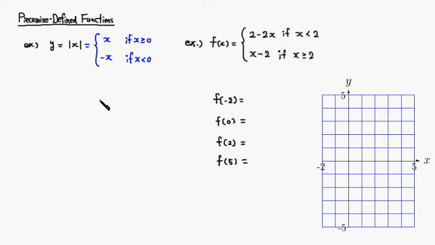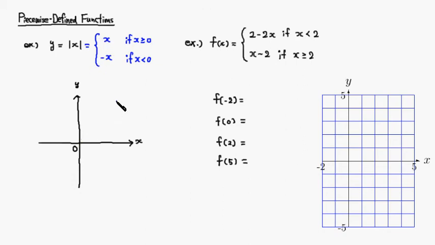Let's sketch the graph of this function. I'm going to draw an x-axis here, and a y-axis here. You just need to do it piece by piece. Let's look at the first one: y equals x if x is greater than or equal to 0. y equals x is just a straight line, slope is 1, y-intercept is 0, so it goes through the origin.